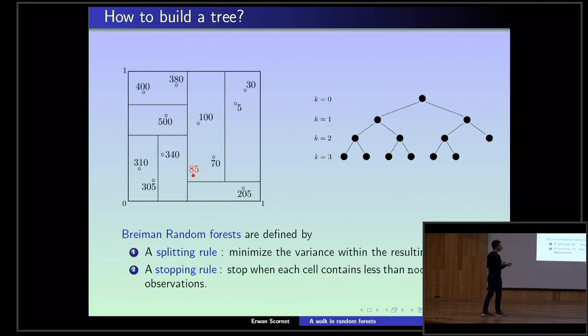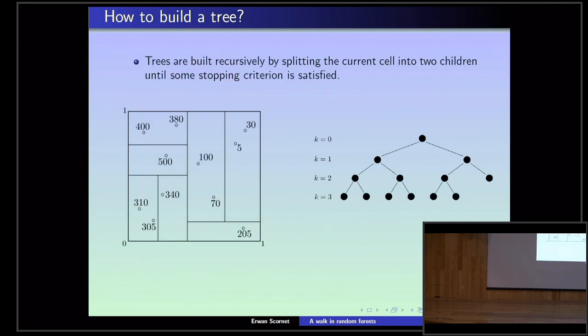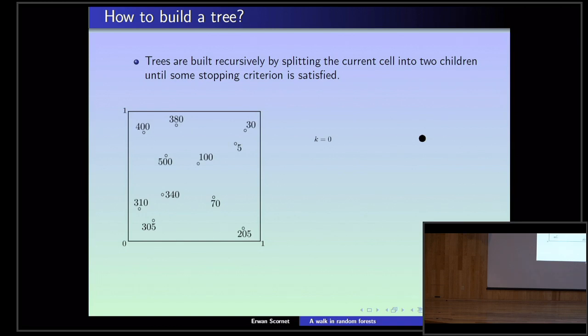So I just need to mention two things. The first is how I split, and the second is how I stop. The way I split is very natural: I try to build resulting cells that are homogeneous, that is, cells in which the values of y are close to each other. Here I would like to regroup the values of y that are large and the values of y that are small.